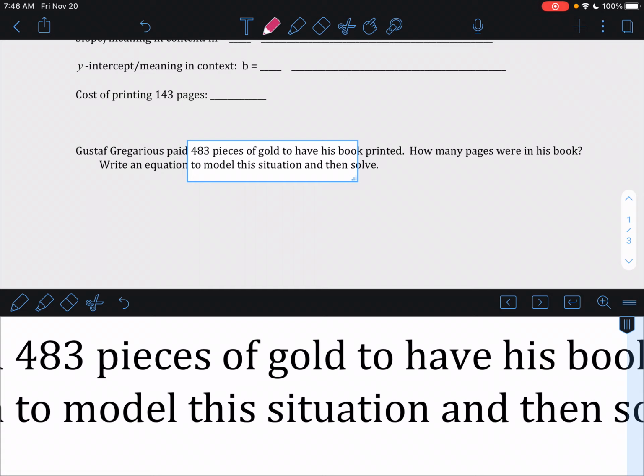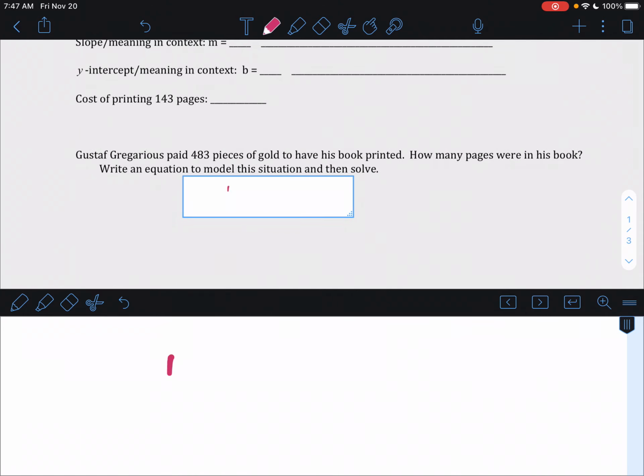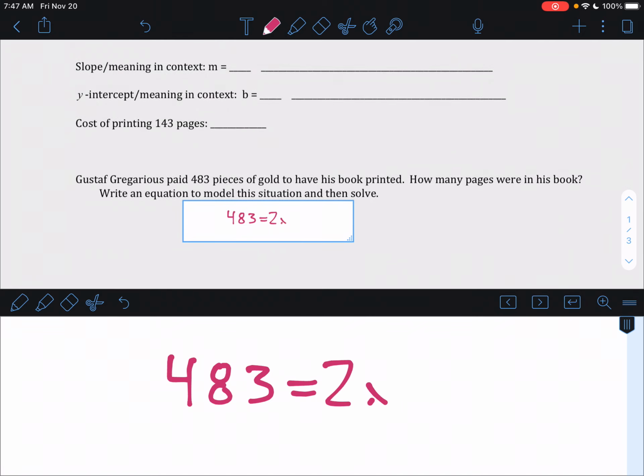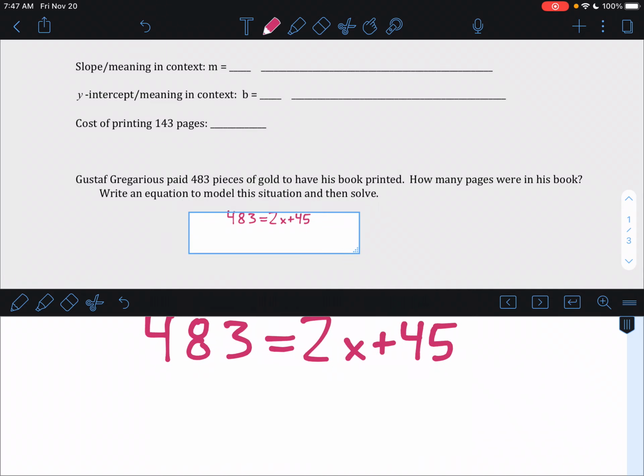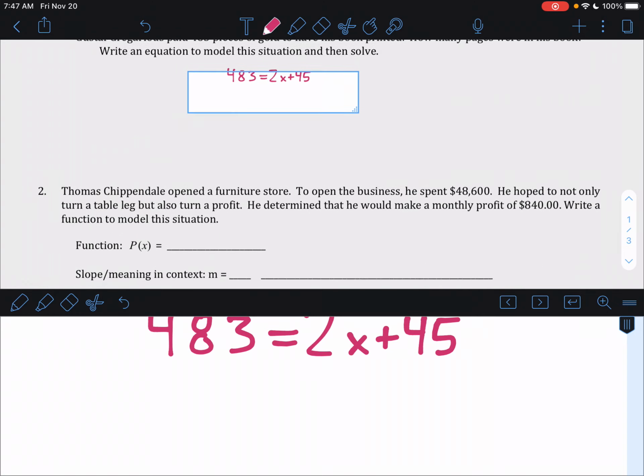So we're not plugging that in for X because X was the pages. The gold was the Y, or the P of X in this case. So we're doing 483 equals 2X plus 45. And then you would solve for X in this case instead of Y. And that would tell you how many pages he had printed.